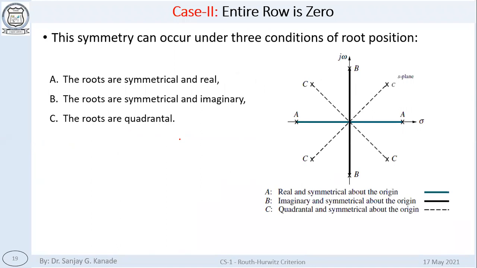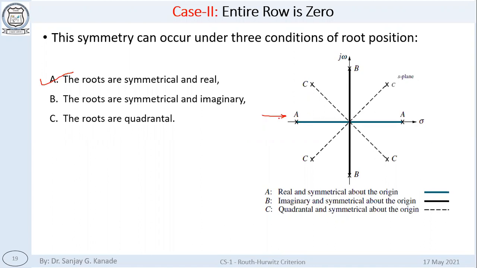There can be three possibilities when there are symmetric roots. The roots can be real. So like this, the case A here. You can see the roots can be real, symmetrical. They have to be symmetrical. Symmetrical means mirror image. You fold this plane along the origin, and the poles will overlap.